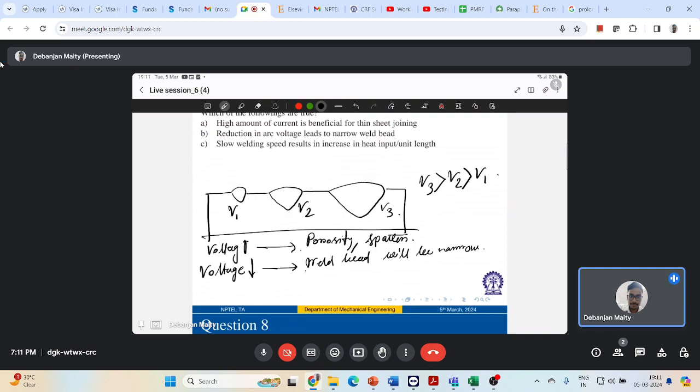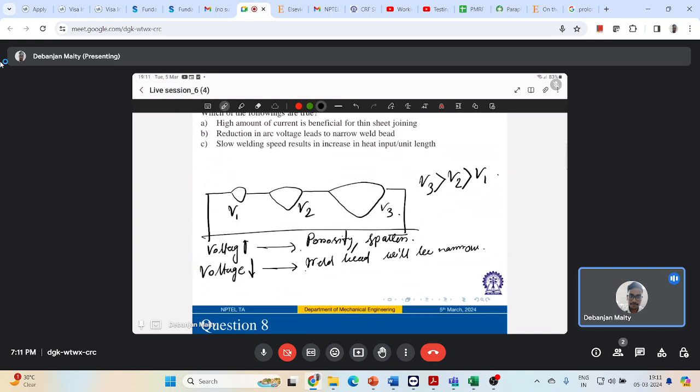Now what will happen in terms of welding speed? So welding speed generally conforms to a given combination of welding current and arc voltage. If you are doing your welding with some specific combination of current and voltage, how will welding speed affect your bead appearance, right? So if welding speed is more than what is required, your heat input to the joint will decrease, right?